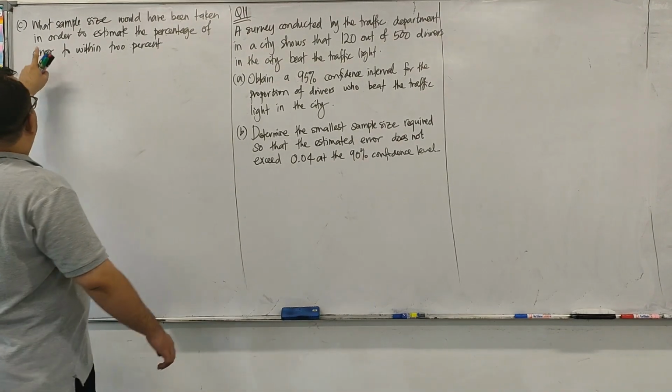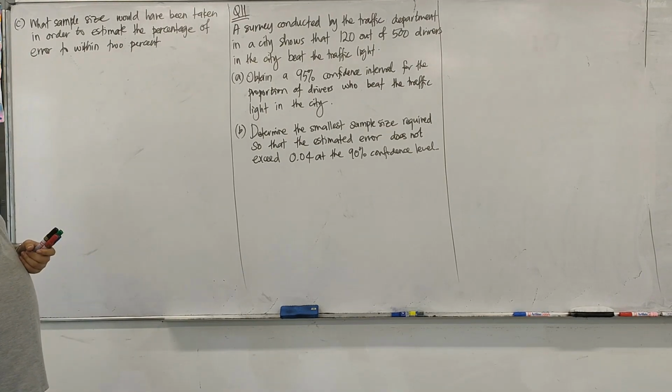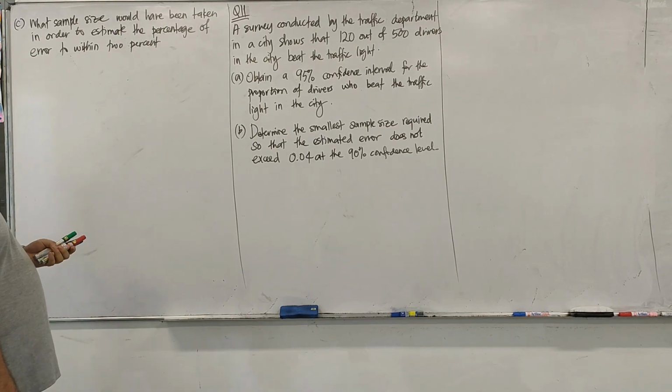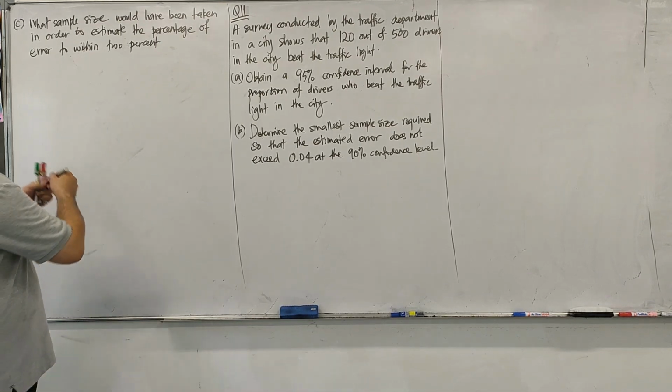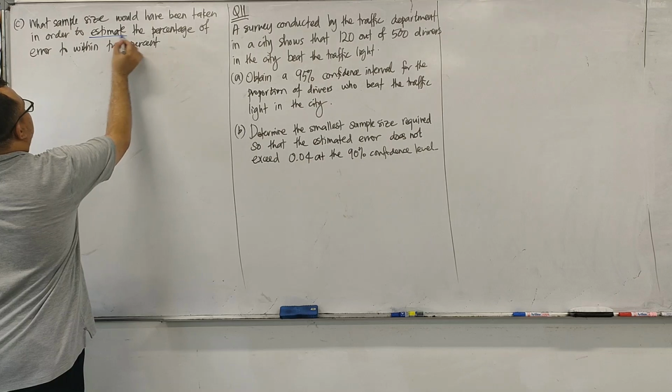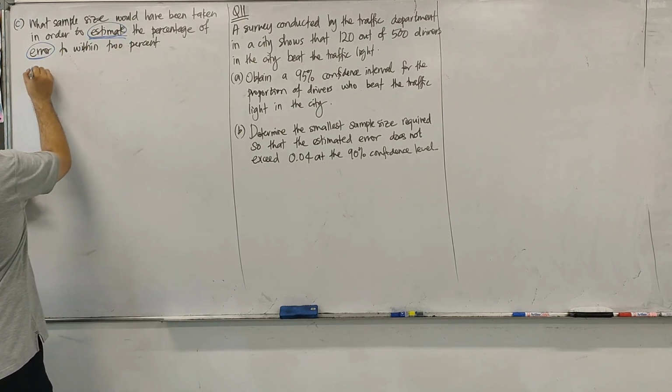Okay, let's look at our part C. What sample size would have been taken in order to estimate the percentage of error to within 2%? Okay, apa maksud dia? So soalan ni kita nak cari estimation error. So estimation error, awak tahu formula dia.